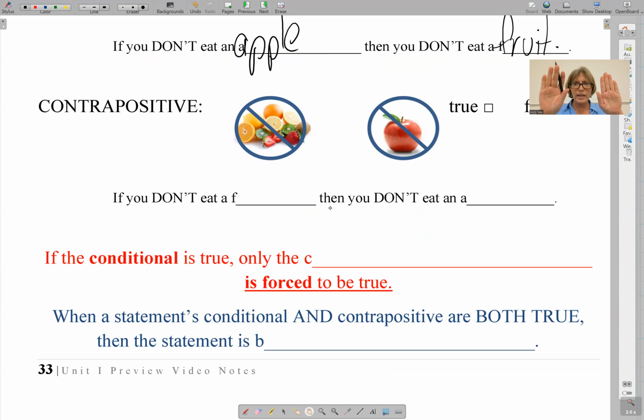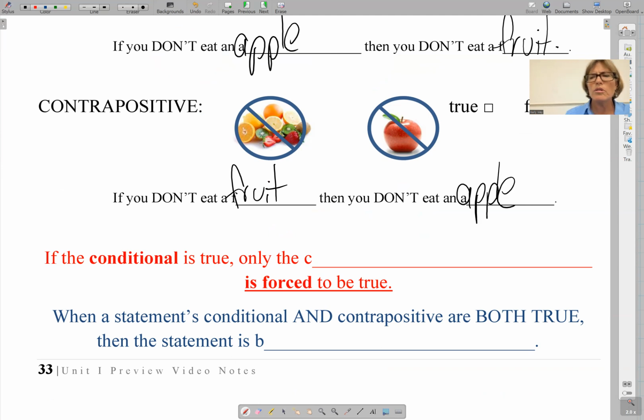The original was if I eat an apple, then I eat a fruit. That was a true statement. We're going to switch it and flip it, switch and negate, and say, if I don't eat a fruit, then you don't eat an apple. So if I say I don't eat fruit at all, then have you eaten an apple? The answer is no, because an apple qualifies as a fruit. So this would be a true statement.